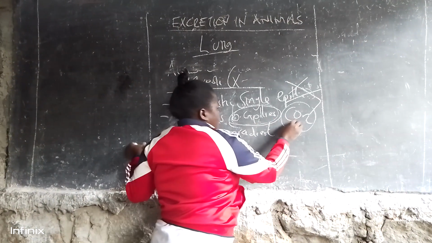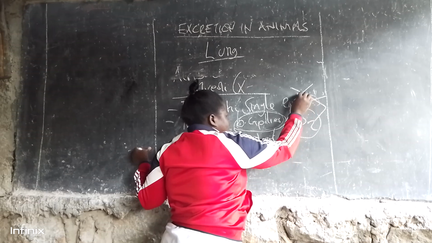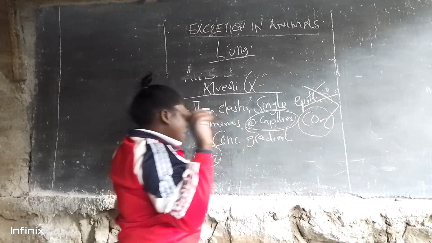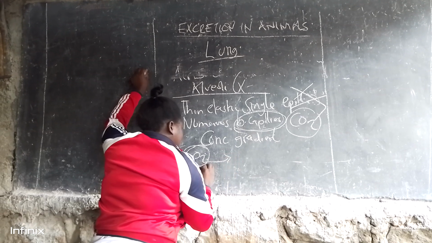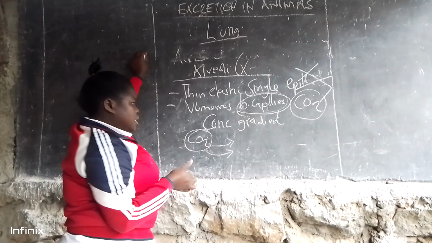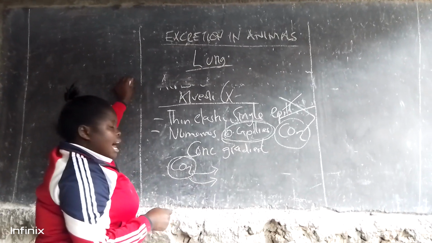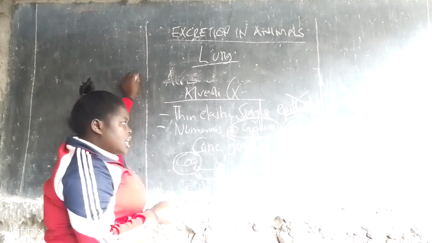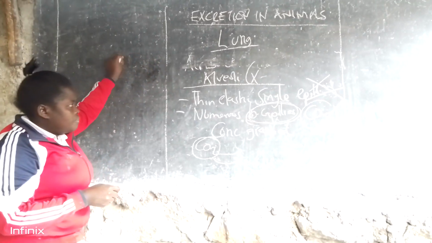Because of this high concentration of CO2, the concentration gradient is caused. And by diffusion, CO2 will diffuse inside the alveoli space, from the highly concentrated region to the lowly concentrated region. And that CO2 will be excreted by the process known as exhalation.